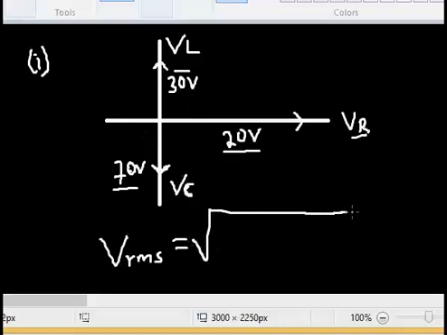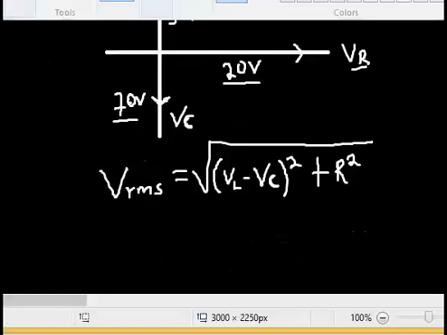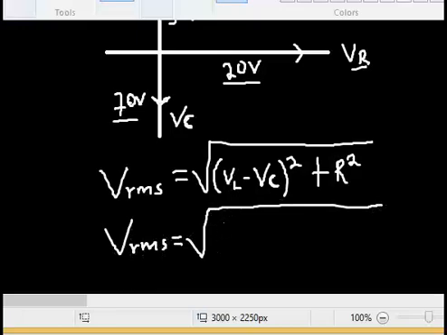Do you know how we do that? It will be in terms of Pythagoras theorem. It's going to be the square root of VL minus VC all squared, plus R squared. So V RMS of the source is going to be equal to the square root of VL, that's 30 volts, minus VC, 70, all squared, plus R squared, 20 squared.